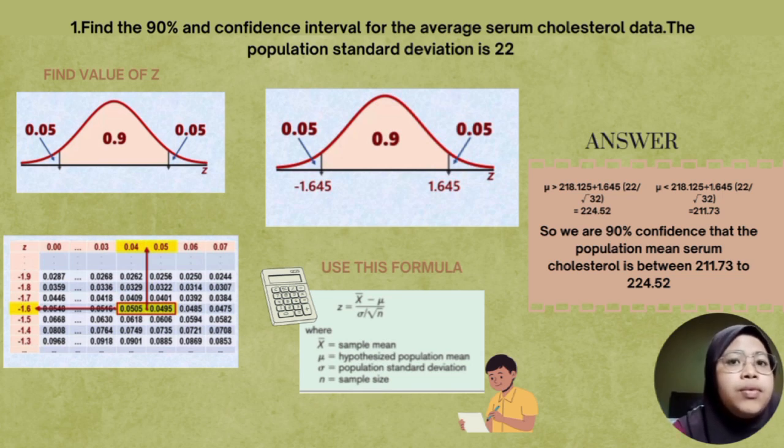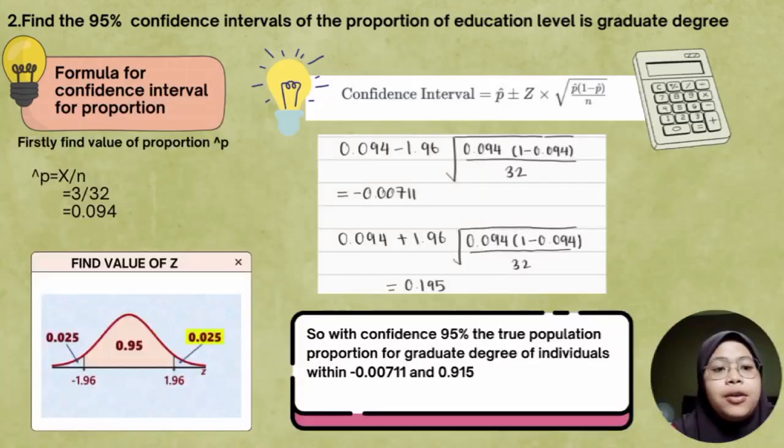So we are at 19% confidence interval that the population mean serum cholesterol is between 211.73 and 224.52.